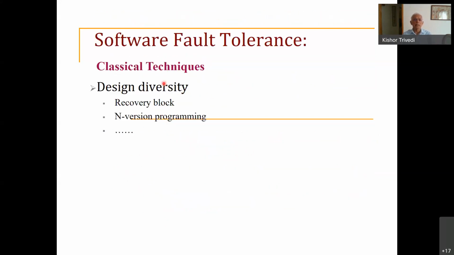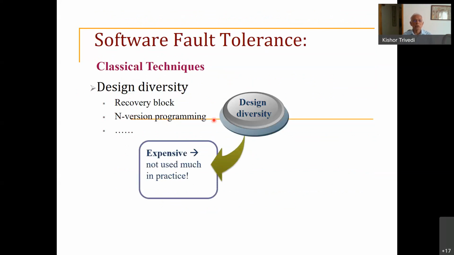So the classical techniques that we learned briefly earlier were based on design diversity. Diverse copies of software are produced to the same specifications, and then recovery block or N-version programming are used. What we find is this design diversity is too expensive, because producing one version is costly enough. Now you are asking me to produce multiple versions. So it's a very expensive solution, which is then relegated to safety critical or life critical applications.